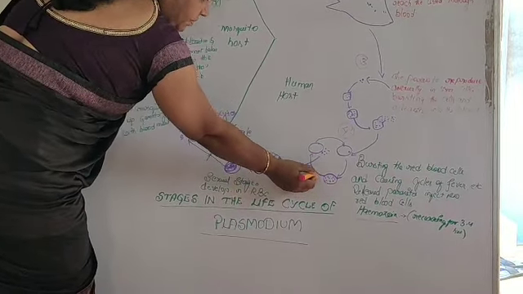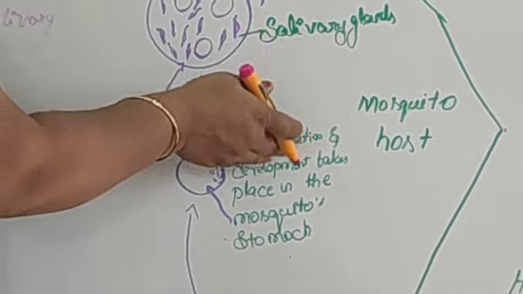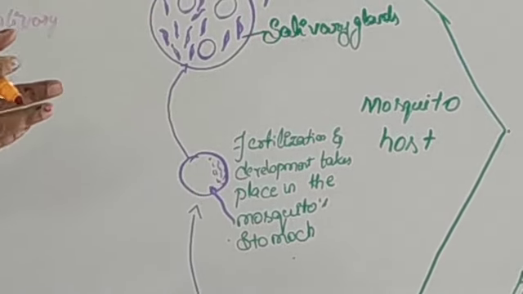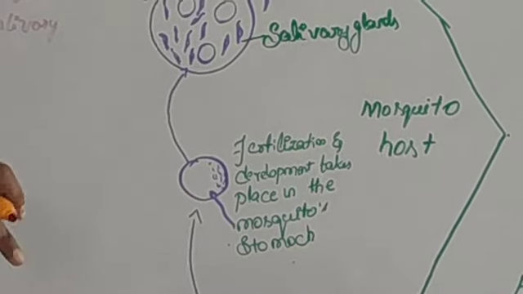The male and female gametes reach the stomach of the mosquito. In that stomach, the fusion of the male and female gamete is what we call fertilization. The fertilization product is also called a zygote.